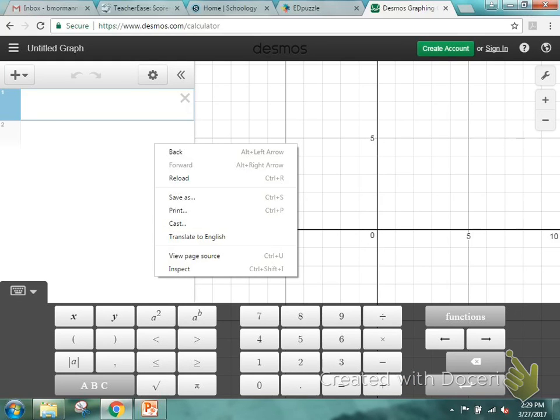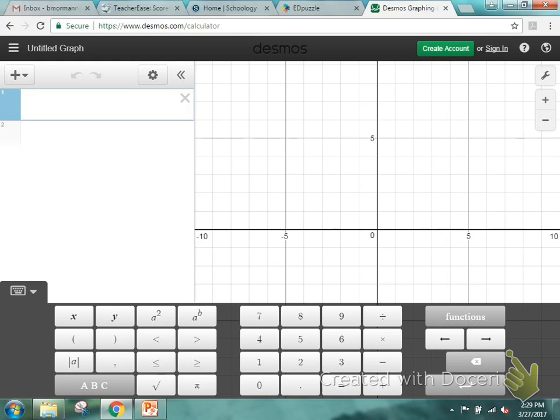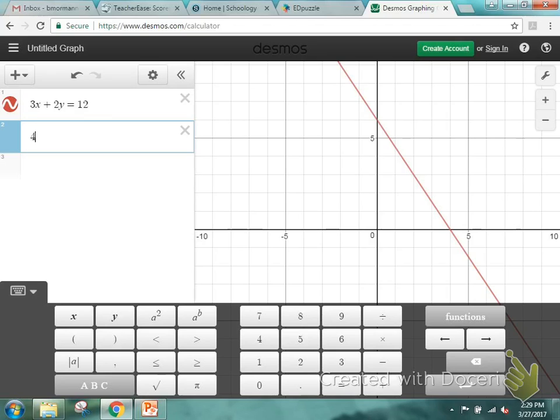Okay. Remember back in chapter 3, we had things like 3x plus 2y equals 12, and, I don't know, 4x minus 6y equals 2. Sure, whatever.